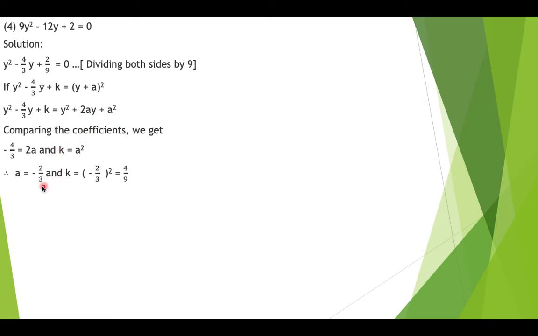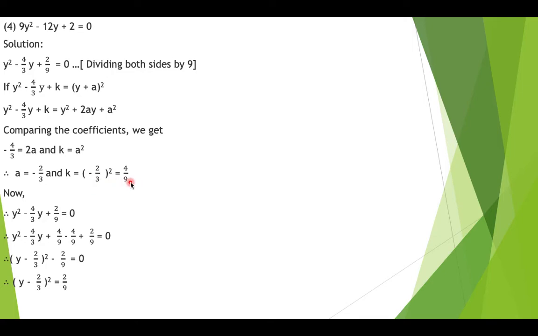Since a is equal to minus 2 by 3, we substitute k is equal to minus 2 by 3 the whole square is equal to 4 by 9.